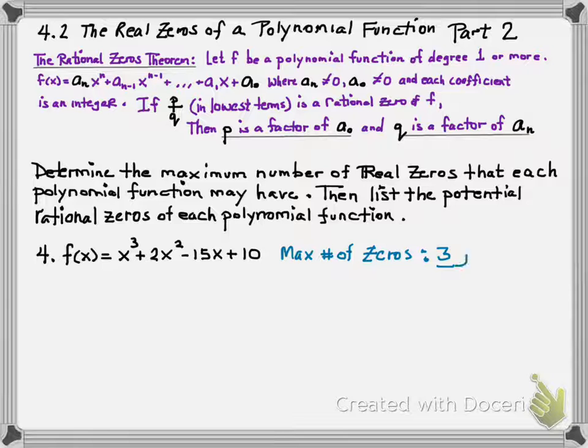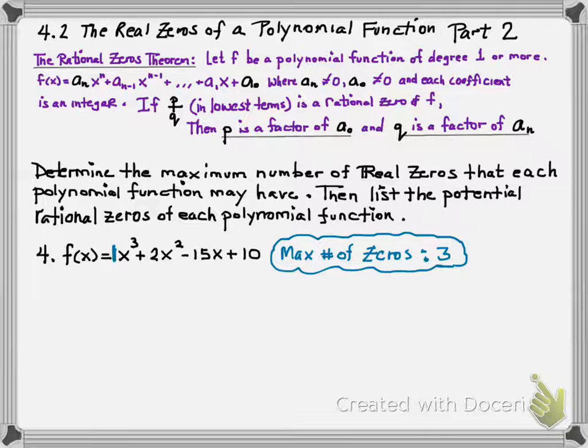Okay, now the second part of this is to find the possible zeros. You've got to be careful now because we're going to be using two letters, P and Q. We're going to let Q represent the factors of the coefficient on the highest degree. So we've got x cubed over here. The coefficient is 1.